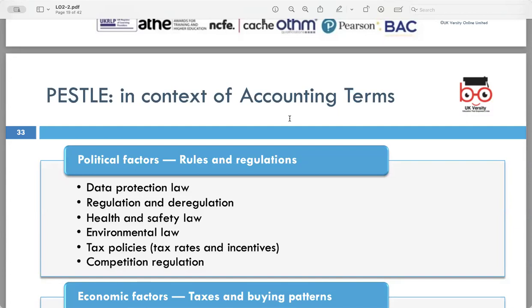Regulations of the market conditions, taxes, and consumer spending habits are examples of economic forces. So there are interest rates, currency exchange rates, prices increasing, relevant taxes, and demand against supply.